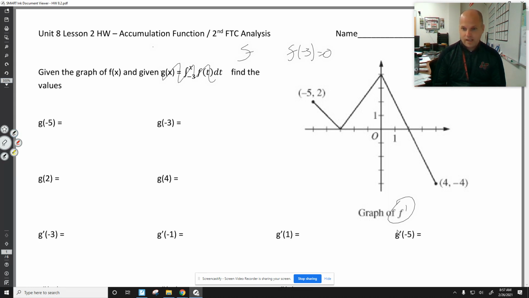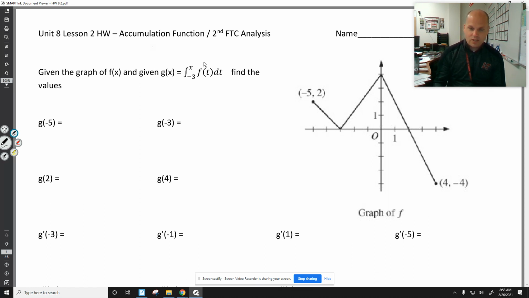Now, it doesn't look like f prime, and here's f, and here's an initial condition. Instead, they kind of throw that all together by saying, hey, this is g, which ends up being the antiderivative of f, is equal to the accumulated area from -3 to x under f. It's the same thing.